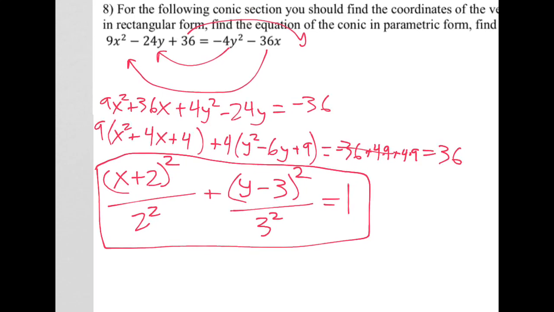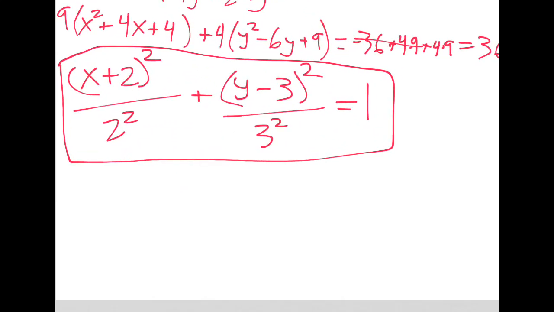Well, let's go ahead and write it in parametric form as well. So let's look at our x term first. x equals the square root of the denominator, so x equals 2, notice that 2 just went right there, 2 times cosine of theta. Since it's plus 2 up there, that's telling me that my h value is actually minus 2, so I need to have minus 2 right there.